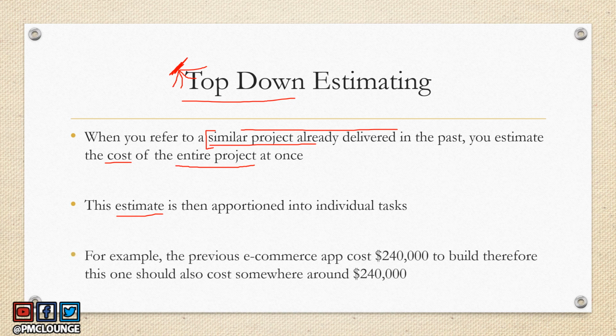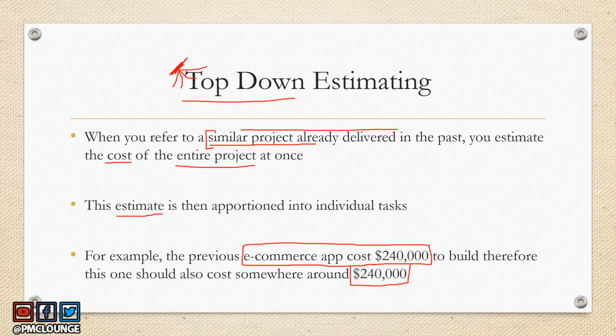Another thing to note here is an example. So let's say you have had a previous e-commerce app and it cost you around 240,000 US dollars. That was the cost of an e-commerce app which your company built already in the past. And if you receive another project which is also an e-commerce app, you will consider that the cost of it is going to be somewhere around 240,000 US dollars because that's how much it cost last time when you did that, right?